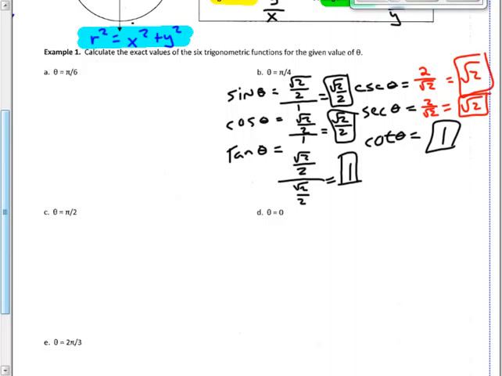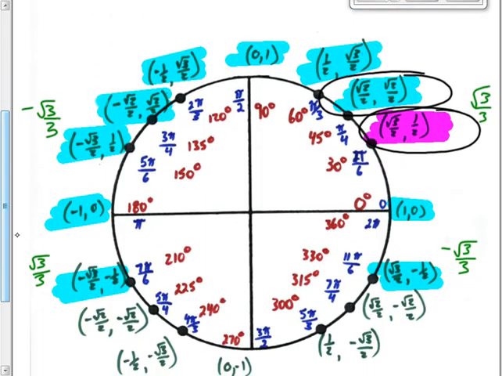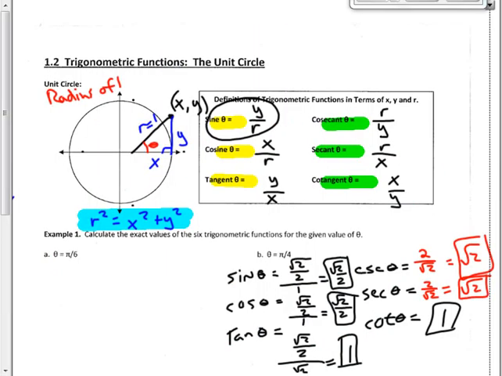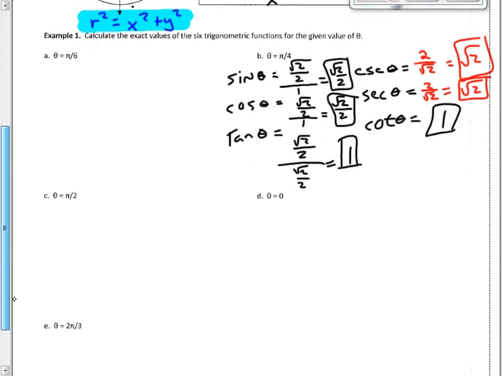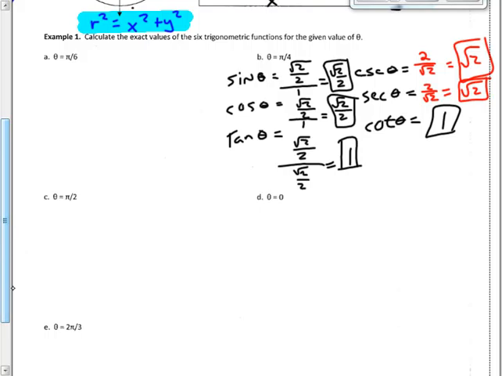Part C. The theta is pi over 2. So I go to the unit circle. Pi over 2 is up here, so I have x value of 0 and y value of 1. So I go back to my problems here. X value of 0 and y value is 1. So when I do sine, that's equal to y over r.